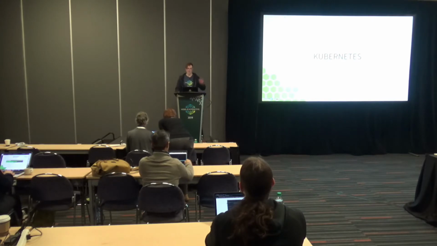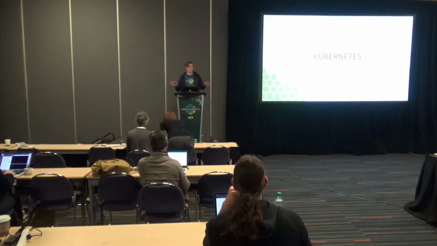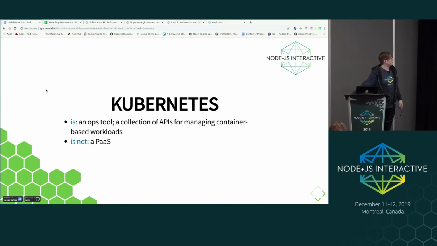So at a high level, if you're not already familiar, it seems like half of you knew this already, but for the other half, Kubernetes is designed to be an ops tool. For you folks being JavaScript developers, you'll recognize it as a collection of APIs for managing container-based workloads. It was patterned after best practices that Google had developed internally for wrangling all of their services.